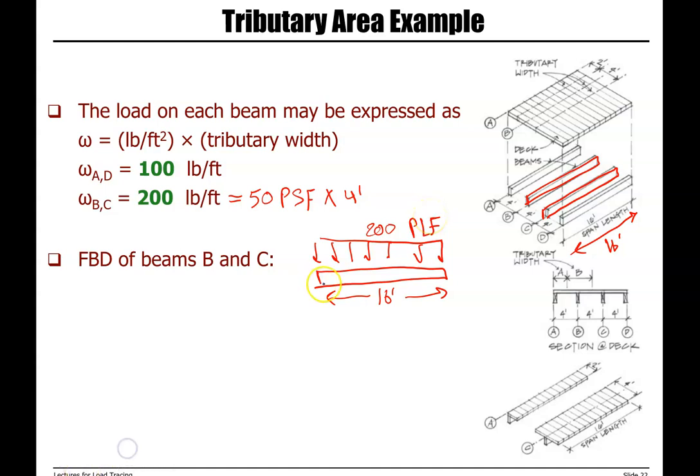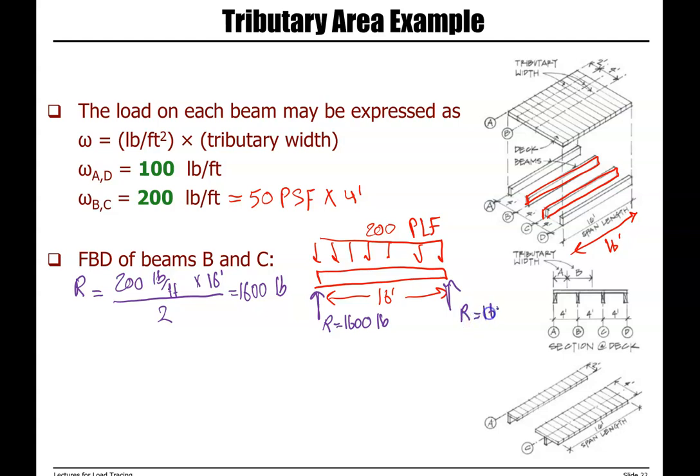We can calculate the reactions. Reactions are equal to the load that we have times the length of the beam divided by 2, which is equal to 1600 pounds. So this is how much load is transferred from beams B and C to the member supporting these beams.